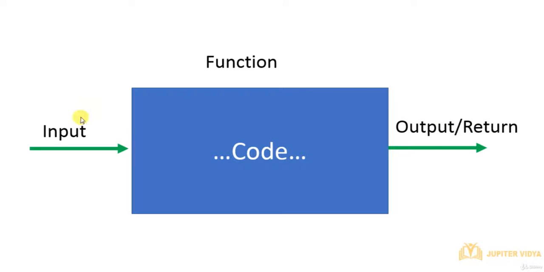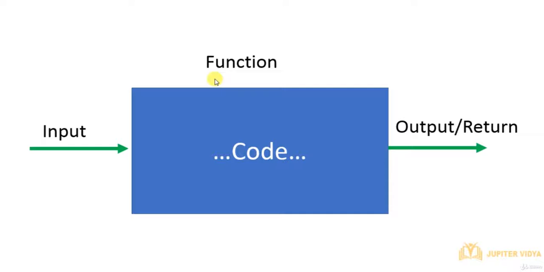For example, if we want to create a function to add two numbers, the input will be two numbers, and then here we have to write the logic to add two numbers. Then if you want to print, we can print. In that case there is no output or return value, but if you want to return that value so that it can be used in some other function, we must return it.